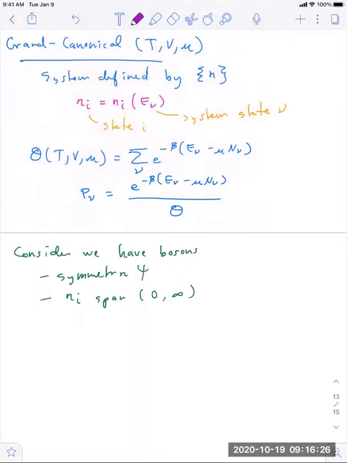So instead of summing over our potential system states, let's sum over all possible occupation numbers. So let's rewrite our partition function, now summing over n sub i.